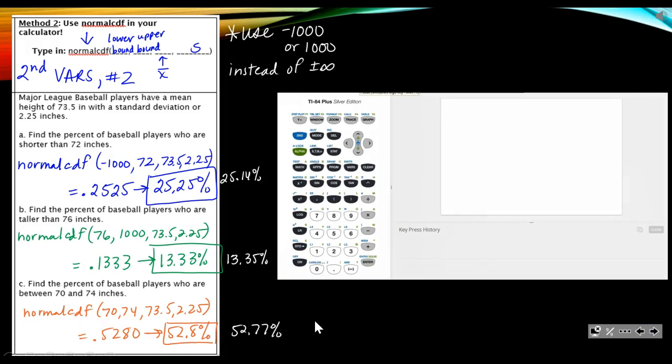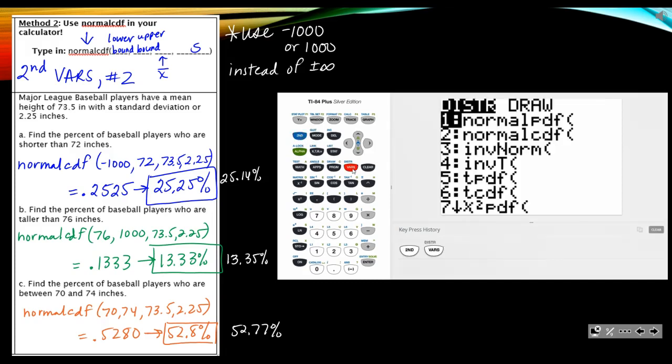To do these problems using your calculator, it's really important that you know what you're typing in. But once you know that, you're going to press second and then this button that says VARS. And you're going to choose option number 2 that says normal CDF. Do not use normal PDF, you'll get the wrong answer, so it is very important that you use option 2.